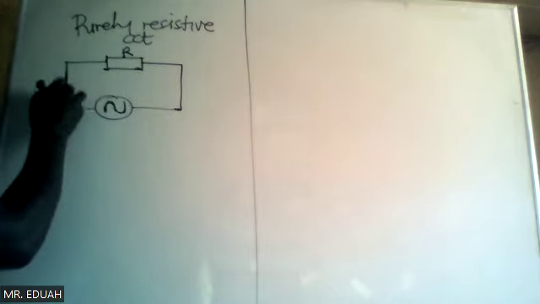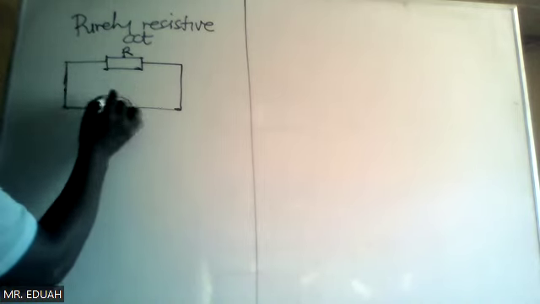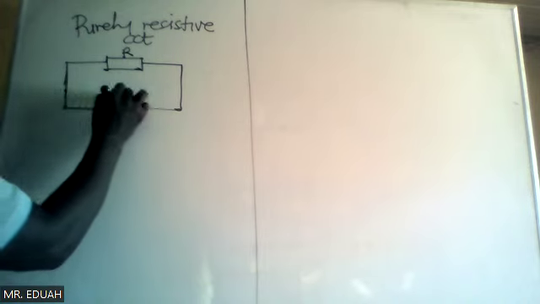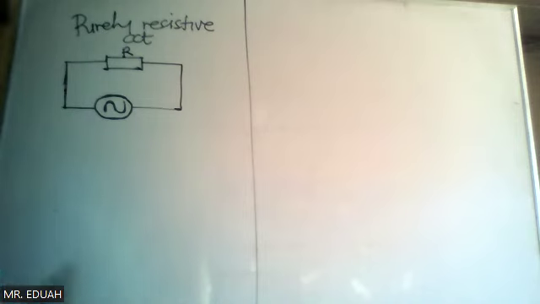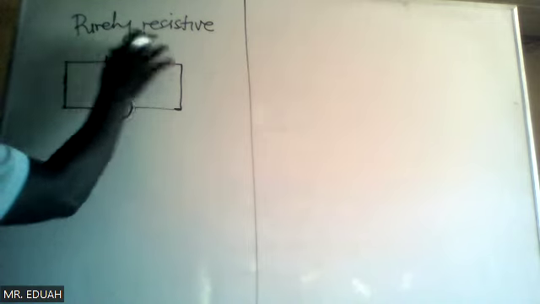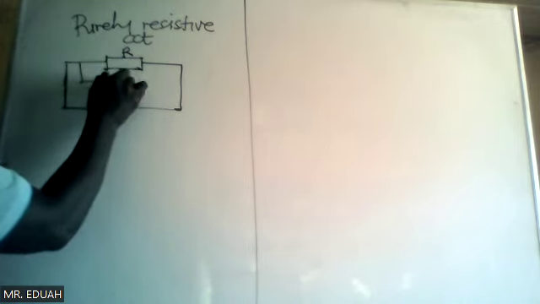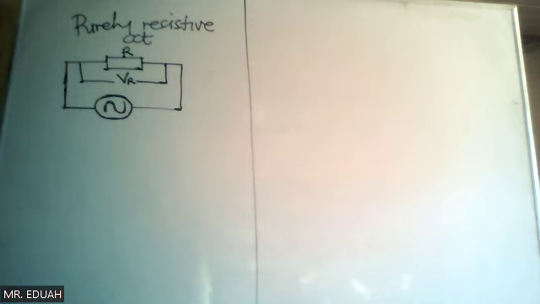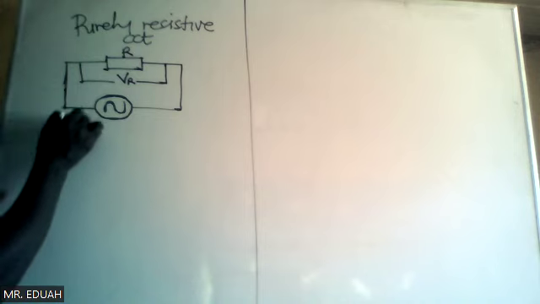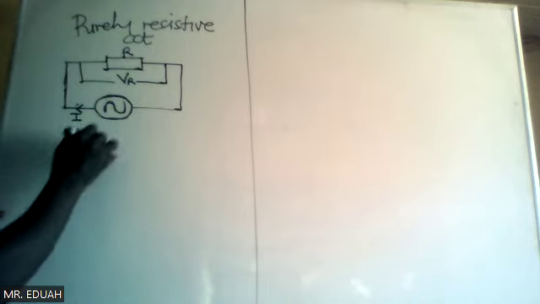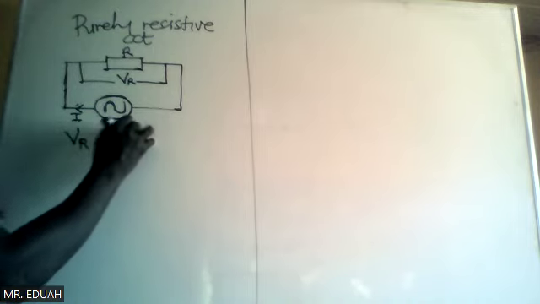An AC source has no positive terminal and no negative terminal because the directional flow of the current changes with time. So when we connect a voltmeter across this to find the voltage drop across the resistor, this obeys Ohm's law. So we realize that V across the resistor is always directly proportional to the current flow.